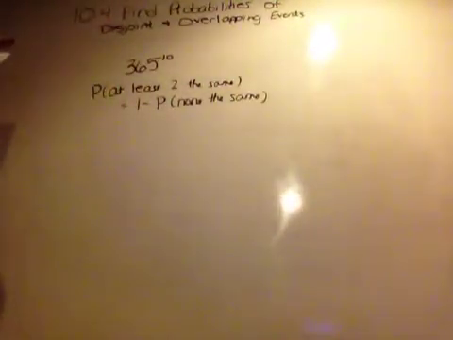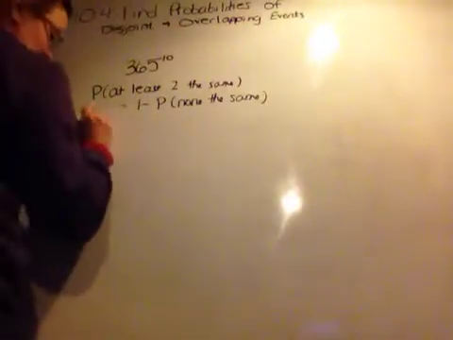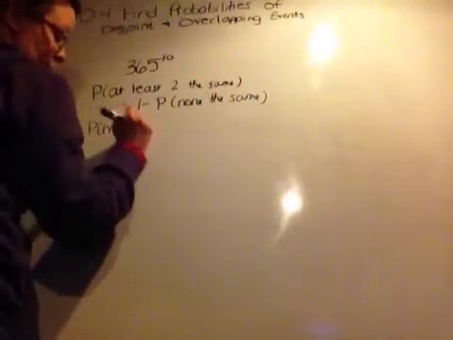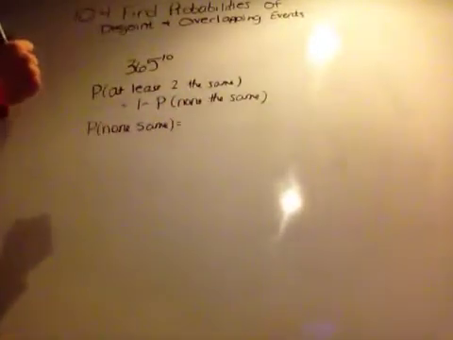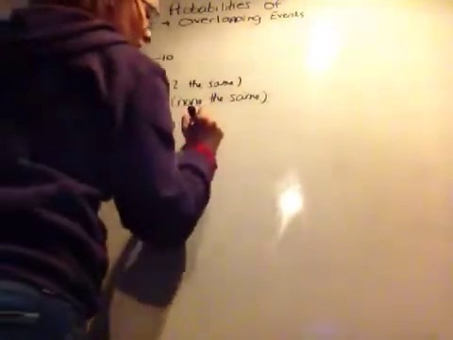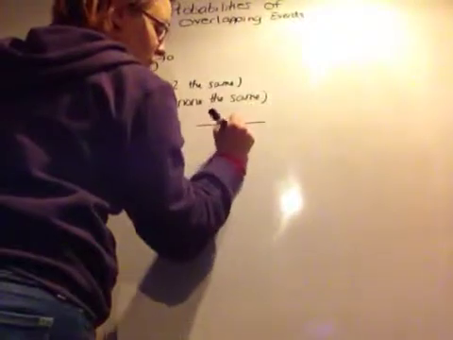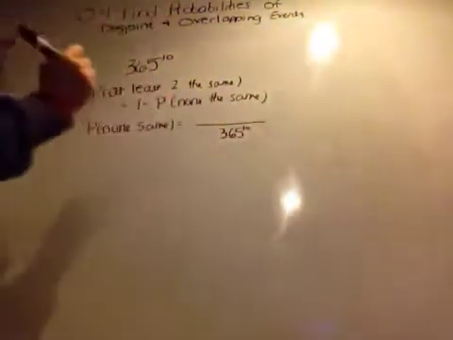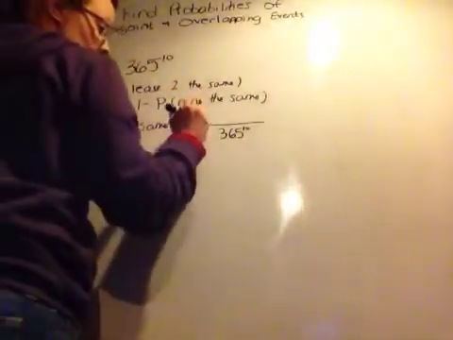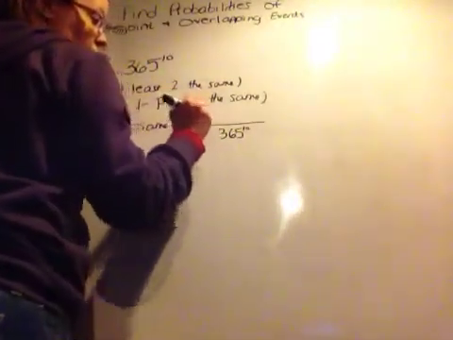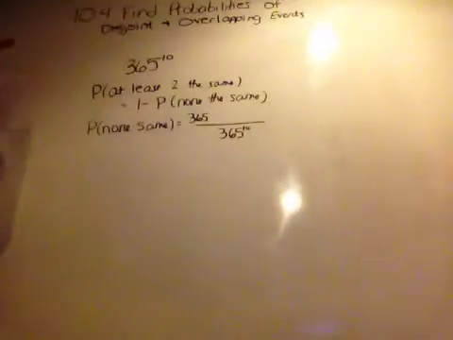Okay, so to find the probability that none are the same, our total outcomes is going to be 365 to the 10th. And what happens is the very first person has 365 possibilities for that first birthday.